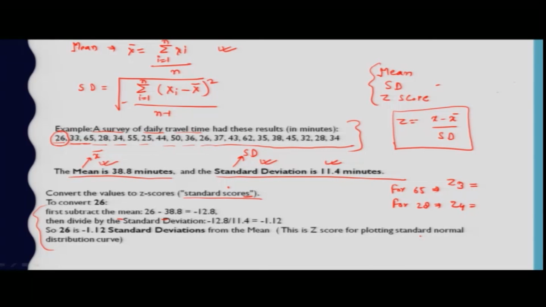Then you divide by the standard deviation, minus 12.8 upon 11.4, which comes out as minus 1.12. So, 26 is minus 1.12 standard deviations from the mean. This is the calculated value for 26, and you will plot this value on the normal distribution curve as a deviation from the mean. So, this is the z score for plotting the standard normal distribution curve.